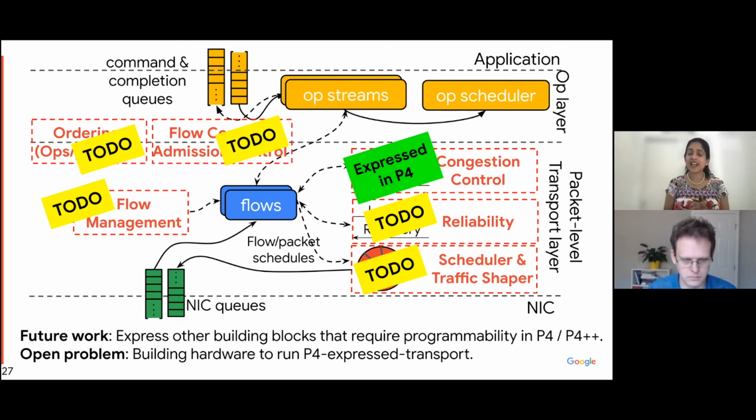Then the question is, can we express the programmable aspects in P4 or P4 prime or P4++? And after that, there is an open problem of building hardware to run P4-expressed transports. So we think that this is a very exciting and open set of problems that we in the community can solve.